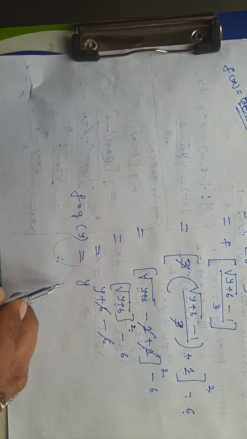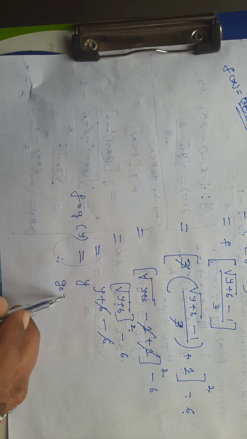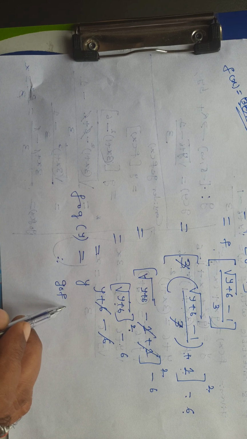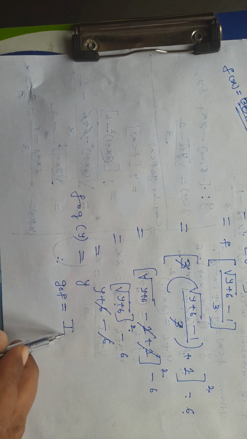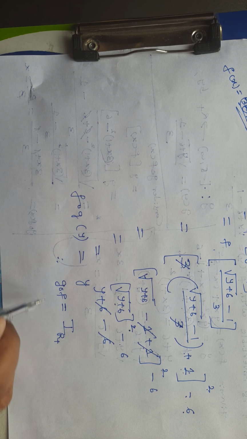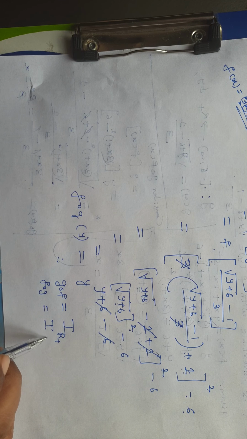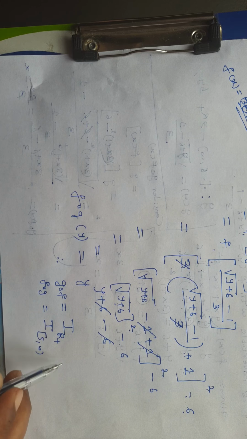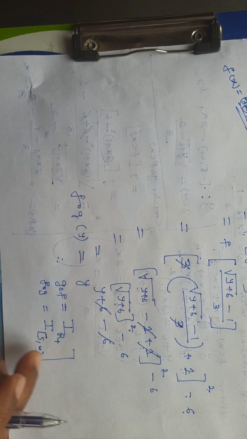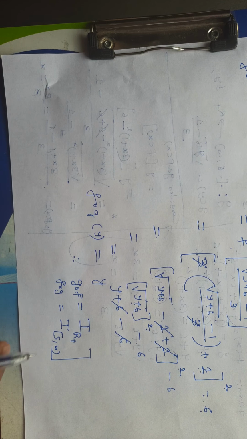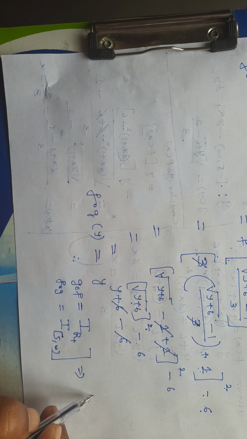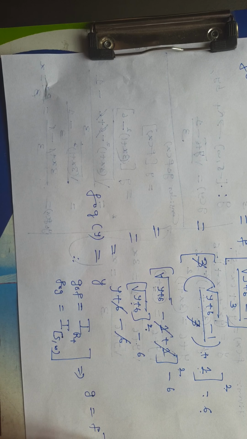Therefore, what we have proved here is g of f is equal to the identity function on R, and f of g is also the identity function. So we have the codomain here 5 comma infinity. So we have proved that both are equal to the identity function. This implies g is the inverse of f.